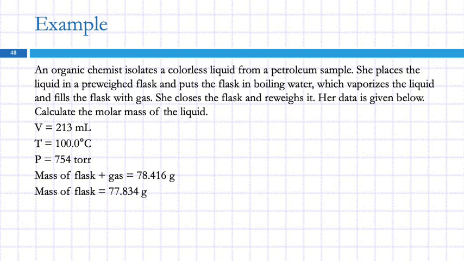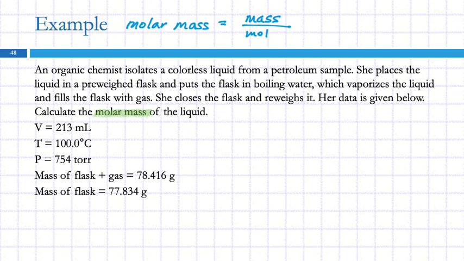So we need the molar mass. I'm not going to highlight all of that because it's just all right there. So we think, well, molar mass is the mass divided by the number of moles. So those are the two things I need to find. Here I have the mass of the empty flask and the mass of the flask with gas in it.